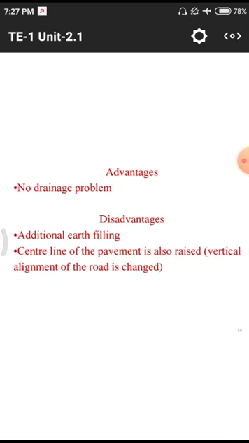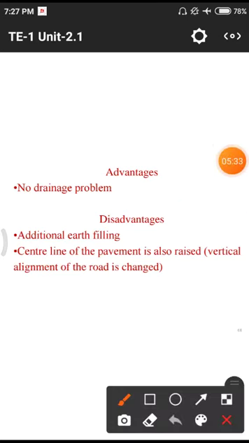Vertical alignment of the road is changed. That means whenever there are curves, suppose in the previous class I discussed these C curves. In the C curve we use only one type of raising.